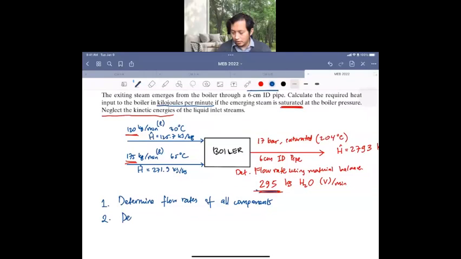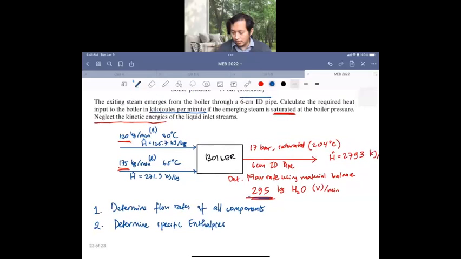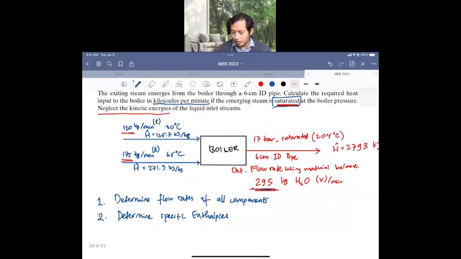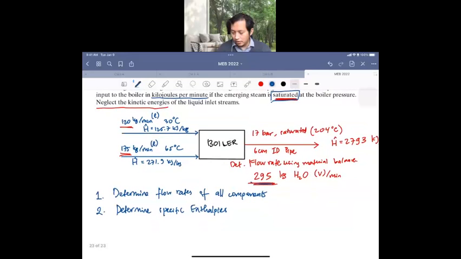Second, determine specific enthalpies. And because this is saturated, it's saturated here, then we are determining this enthalpy from table B5 and B6. That's for saturated, right?